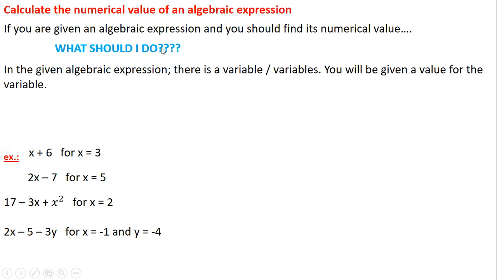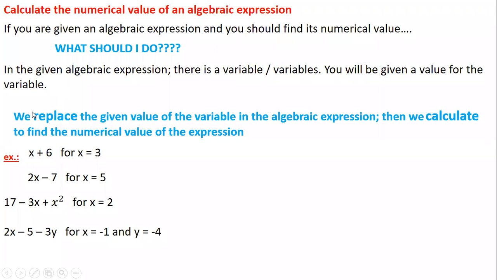In the given algebraic expression, there is a variable or many variables. We will be given a value for the variable. So we replace the given value of the variable in the algebraic expression, then we calculate to find the numerical value of the expression.